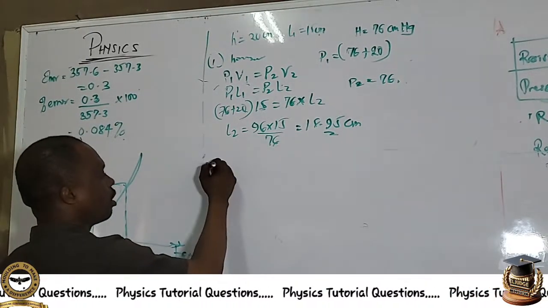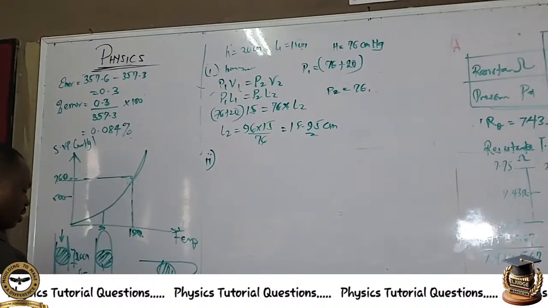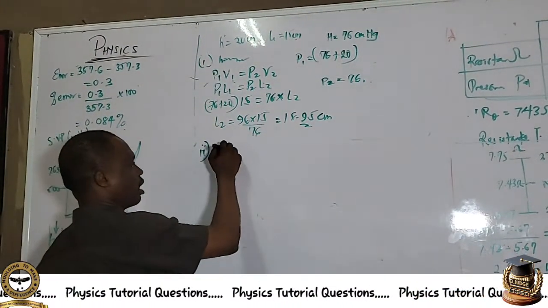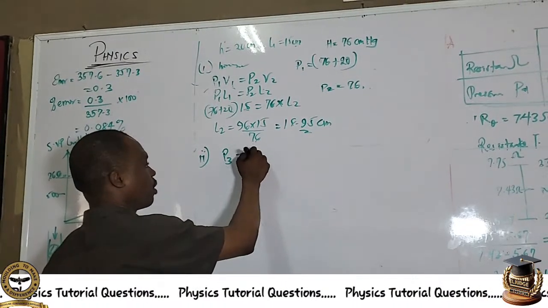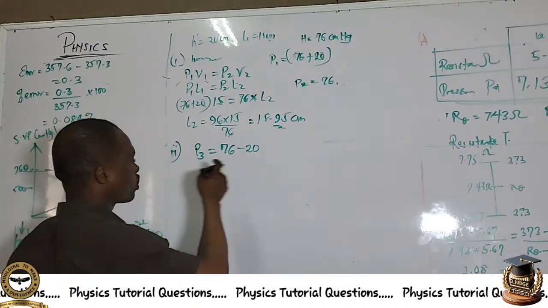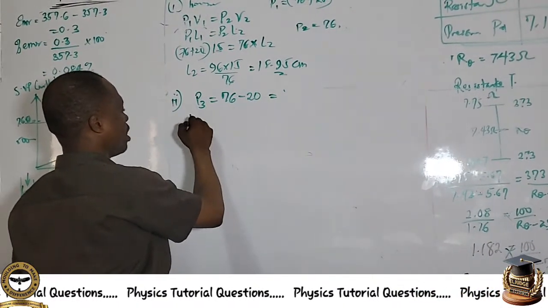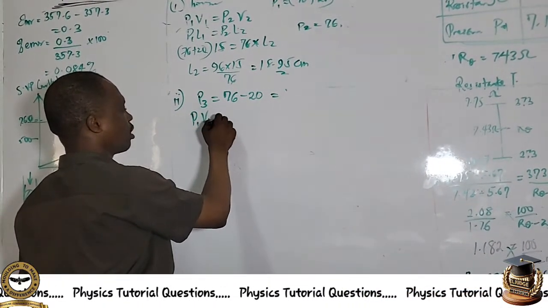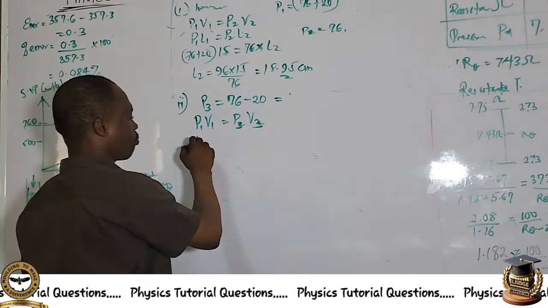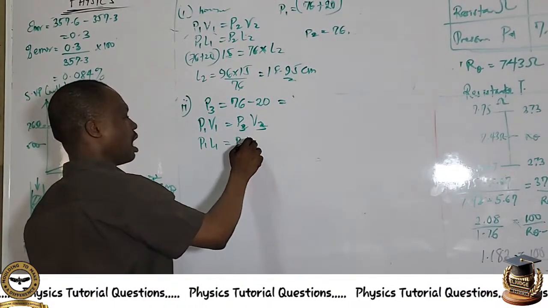But when it is held with the open face down, let us call this one P3. This is P2 now in this case. So we are having P3 equals 76 minus 20. So we relate P1 V1 equals P3 V3. So P1 L1 equals P3 L3.